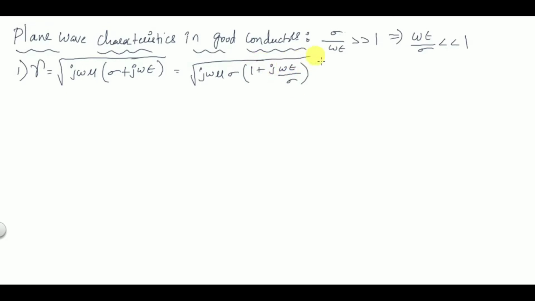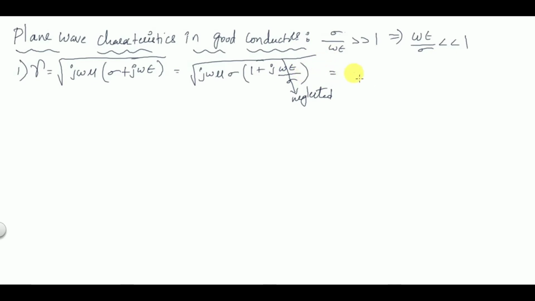Since this value, omega epsilon by sigma, is very much less than 1, it is almost nearly equal to 0, so it can be neglected.